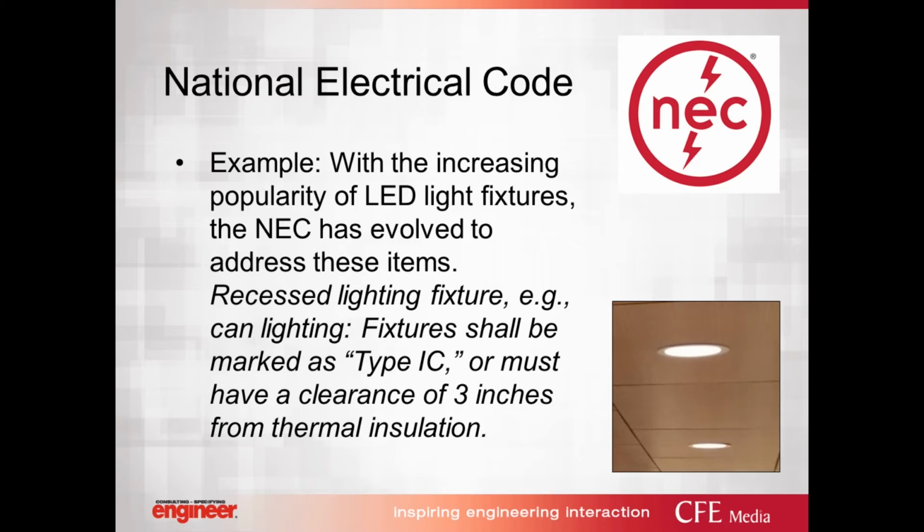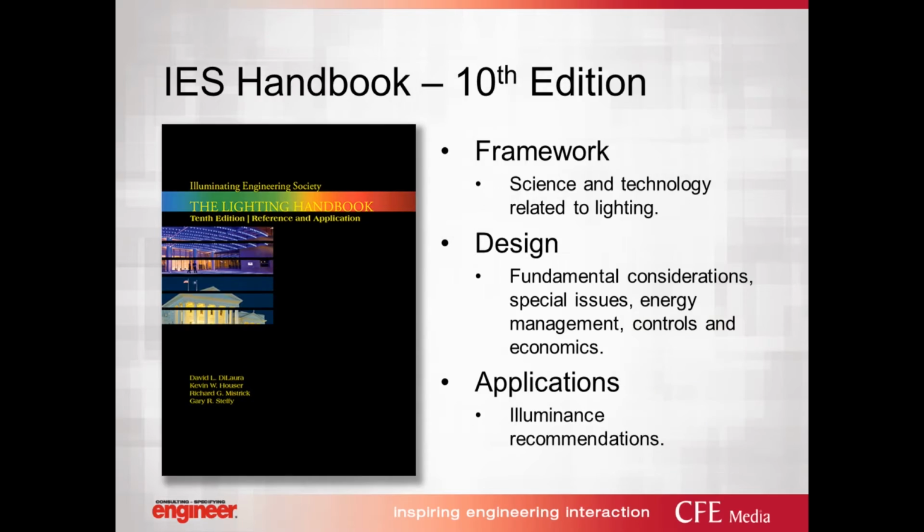I think that's one thing that has caused some issues out in the field, where an AHJ or inspector is inspecting a project and sees insulation contacting the housing of a lighting fixture that isn't marked type IC. So this is again coordination with the architect, to make sure that anywhere you're installing these types of fixtures, you know whether or not you need a type IC rated fixture.